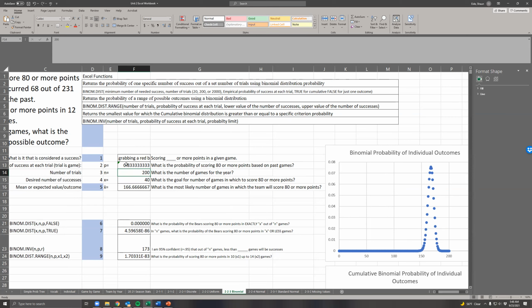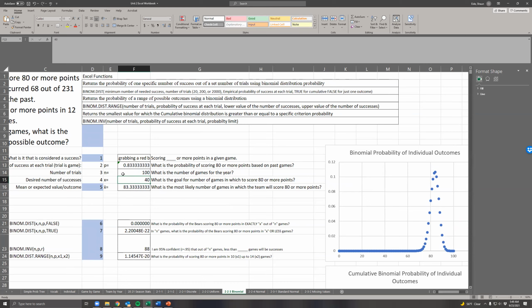Depending on what your desired success is, that would be grabbing a yellow ball instead of a red ball. And so everything will change based on the way that you do everything. If you change it to just 100 trials, it changes that as well, because only 100 trials will be listed.